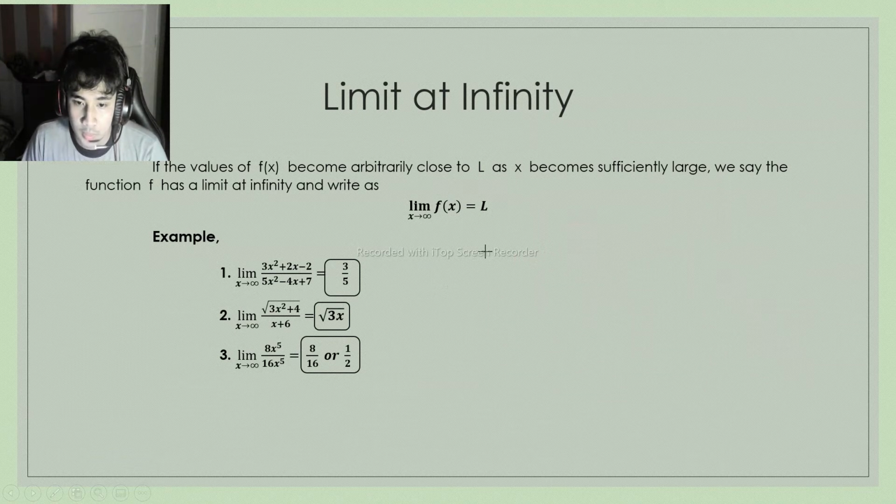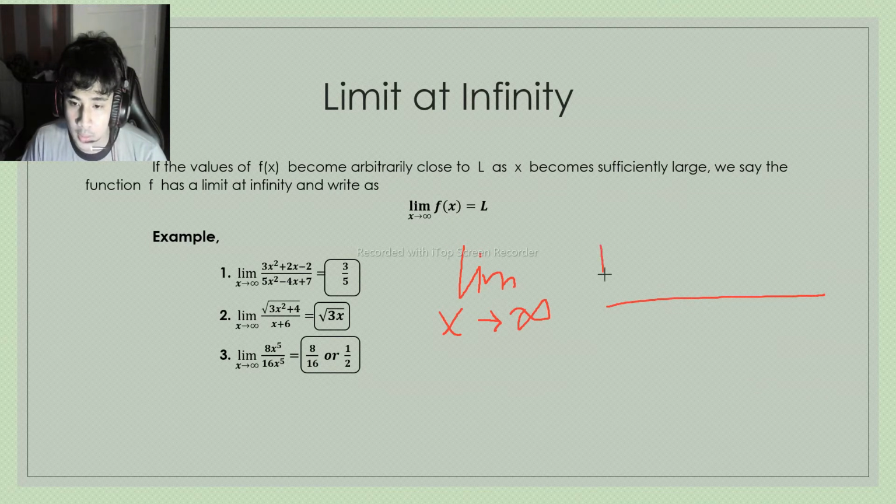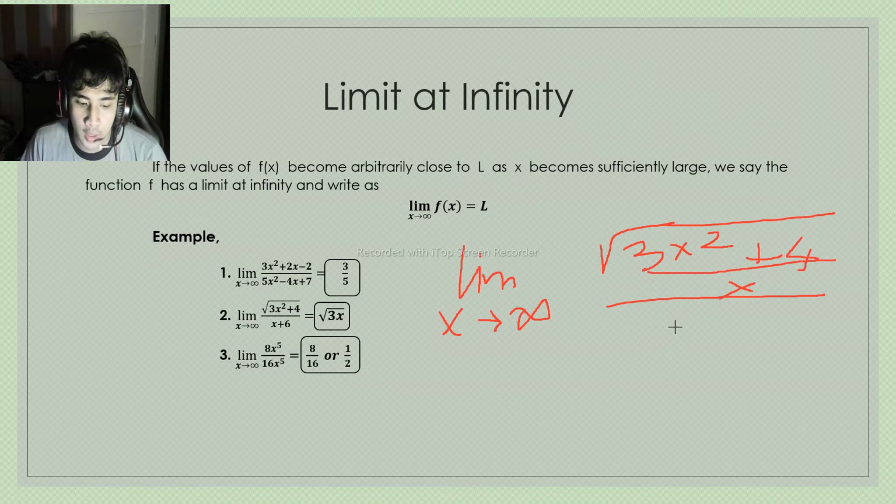Then we find the limits of both the numerator and denominator. So limit as x approaches infinity of square root of 3x squared plus 4 over x, over 1 plus 6 over x.